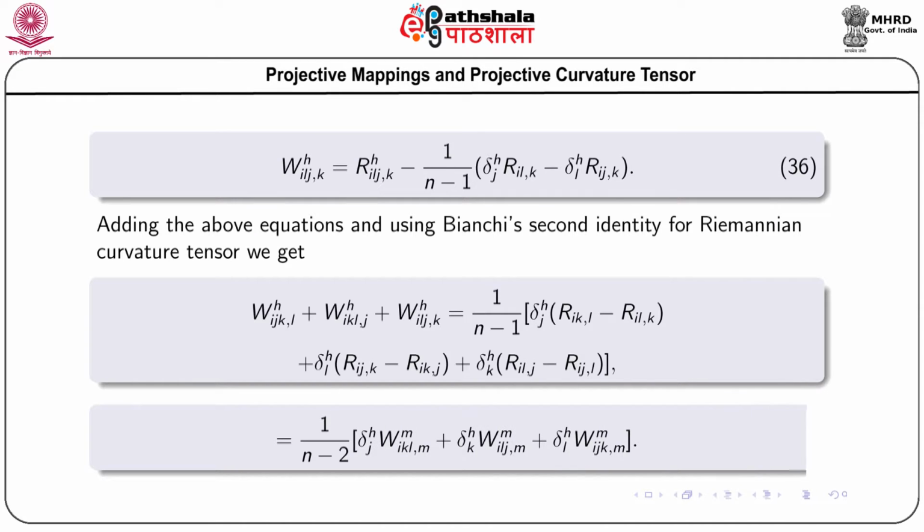So, the above expression becomes 1 by n minus 2 [δ^h_j W^m_{ikl,m} plus δ^h_k W^m_{ilj,m} plus δ^h_l W^m_{ijk,m}].